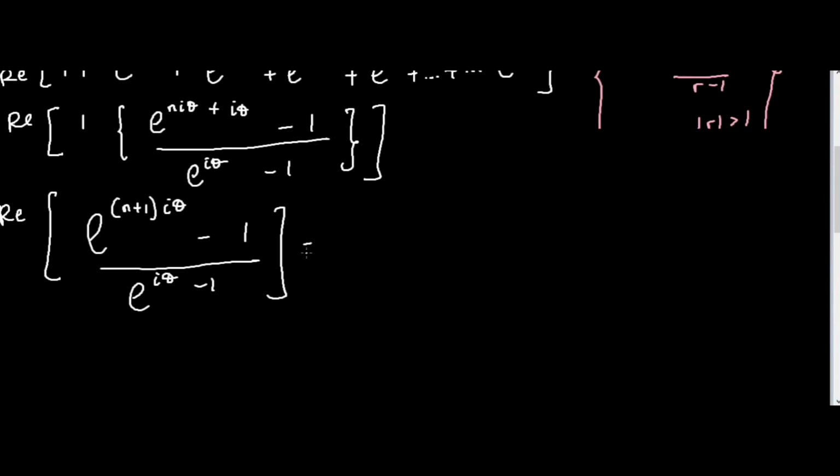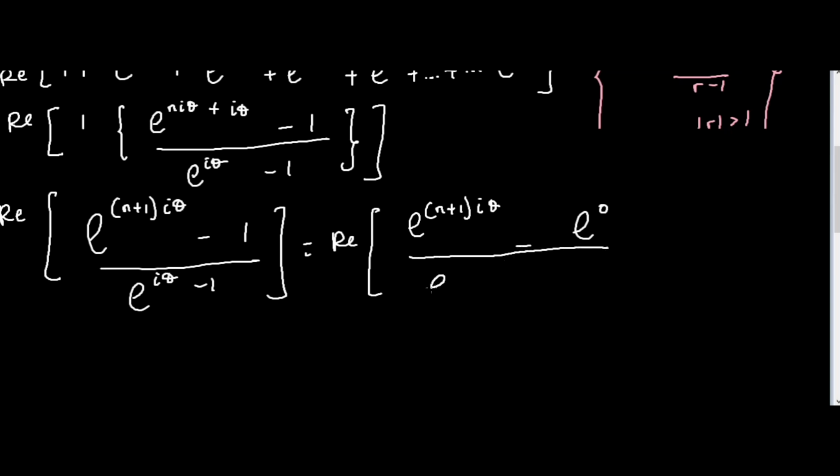Okay, look at this. This is the same thing for me to write that, sorry, the real part, but I'm still emphasizing on the real part, that e raised to power n plus 1 I theta, right? Minus e raised to power 0. You know that is still 1. Do you agree with me? Okay.